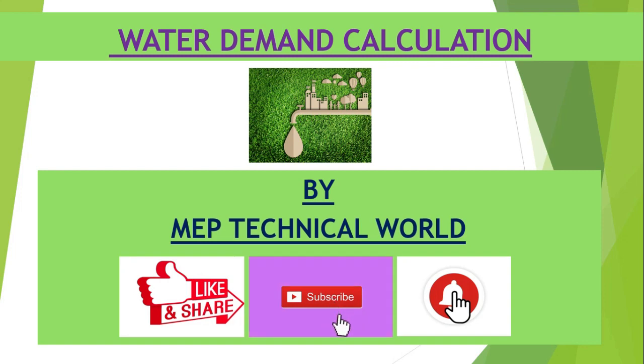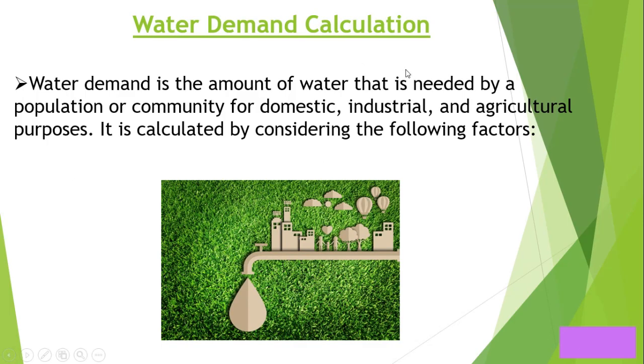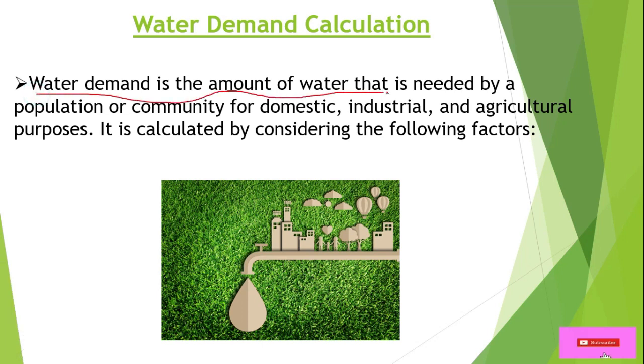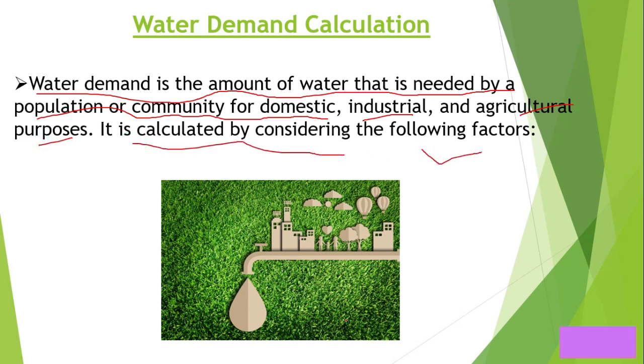So let's get started. So basically, what is water demand calculation? Water demand is the amount of water that is needed by a population or community for domestic, industrial and agriculture purposes. It is calculated by considering the following factors. These are the types of the buildings.